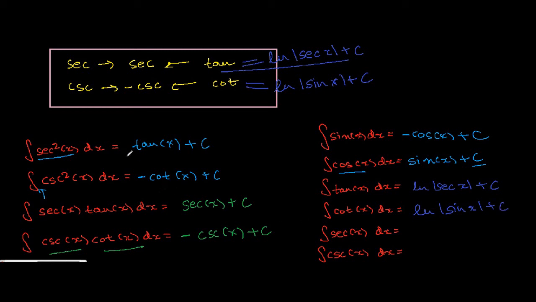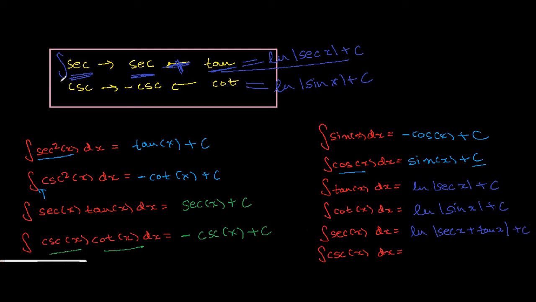But for the integral of secant, the answer is secant, this arrow will be a plus sign, plus tangent. As I said before, it's a logarithmic function, so it's gonna be ln secant x plus tan x plus c.